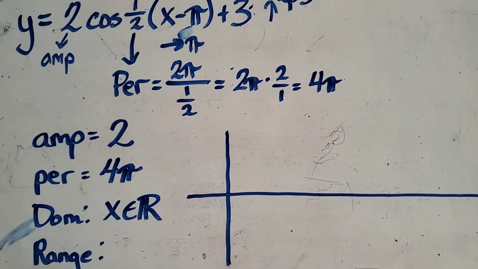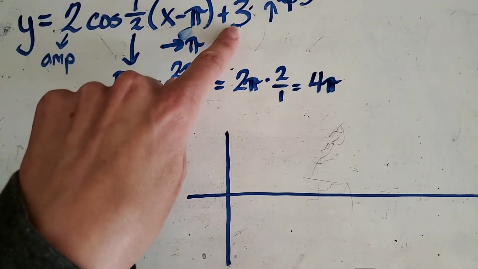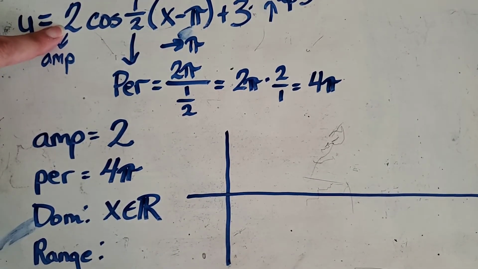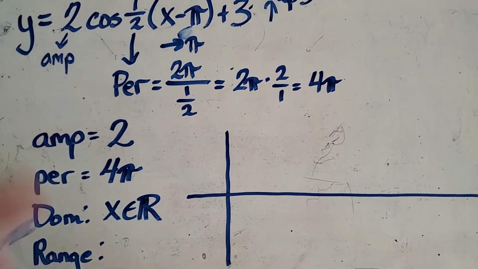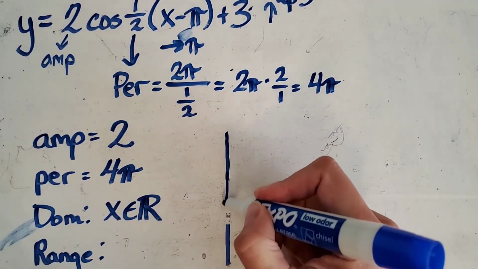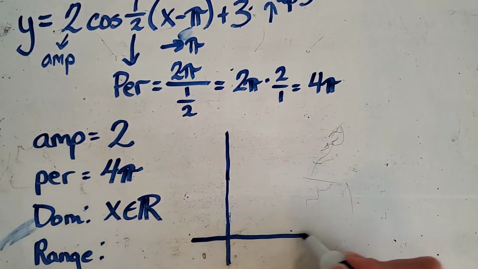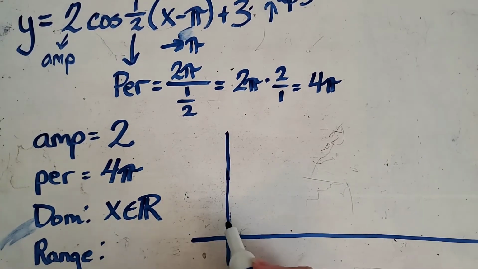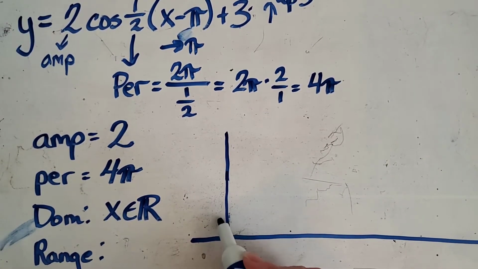That is going to be my new midline, up 3, and then I have to stretch up 2. So I have to stretch up to 5. So I think I'm going to redraw this. That looks a little bit better. Because I have to get all the way up to 5.